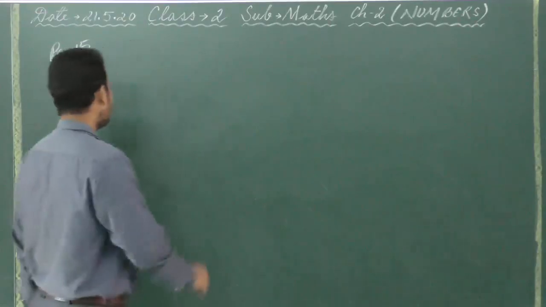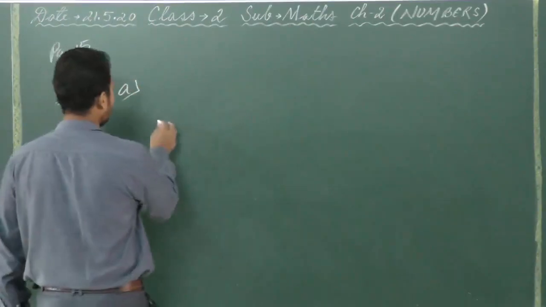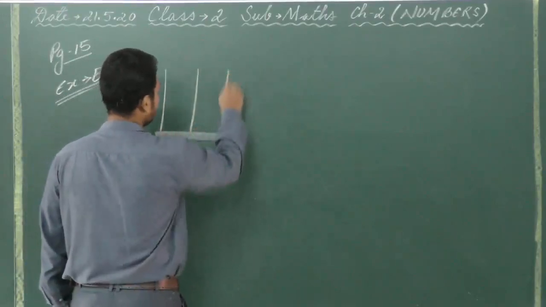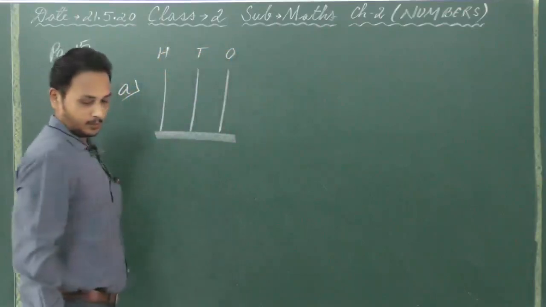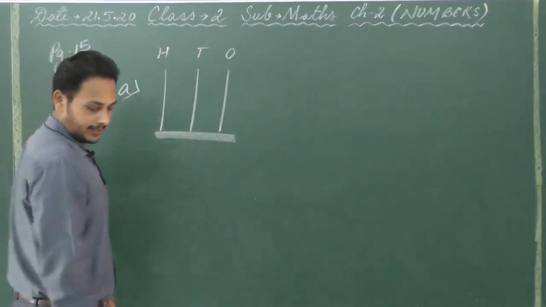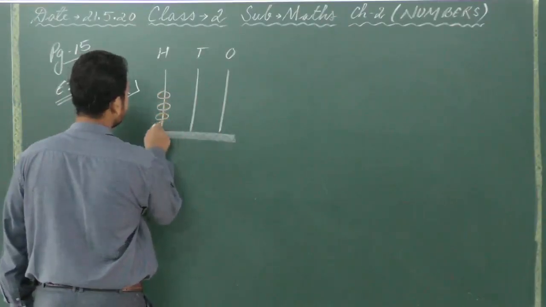Now over here, see the first one, that is number A. Again, we have a base, we have 3 lines on it. They represent ones, tens, hundreds. Now there are already some circles drawn there. In hundreds place, we have 4 circles.